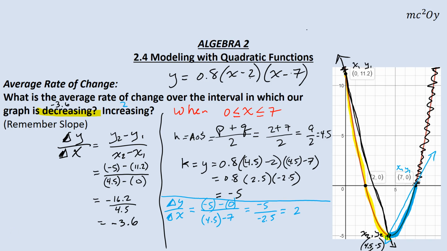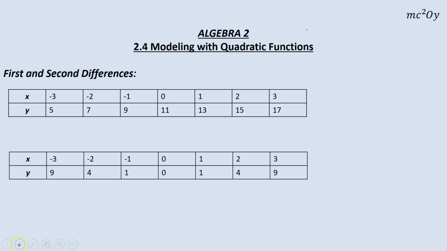One other piece here for this lesson, we talk about first and second differences. If you remember back to slope in algebra, we talked about change in y over change in x. Well, here, notice x is increasing by 1 every time.